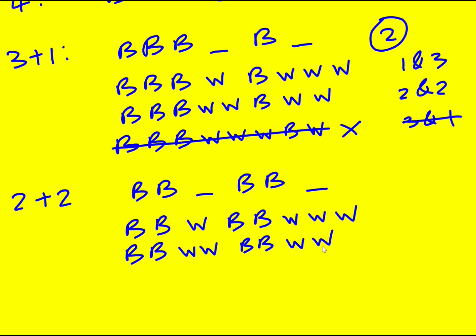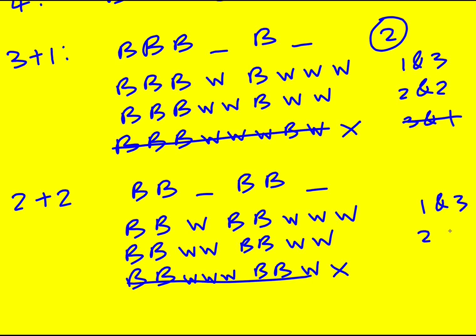That'd be another one. Or this is going to be very similar to the last one that we crossed out. We could have 3 whites next to each other, but that's just going to be a rotation of the first one. So again, we're going to rule that one out. So I've gone with 1 and 3 again, whites that is, 2 and 2, and then 3 and 1. That was already counted. So I've got another 2. So we're up to 5.